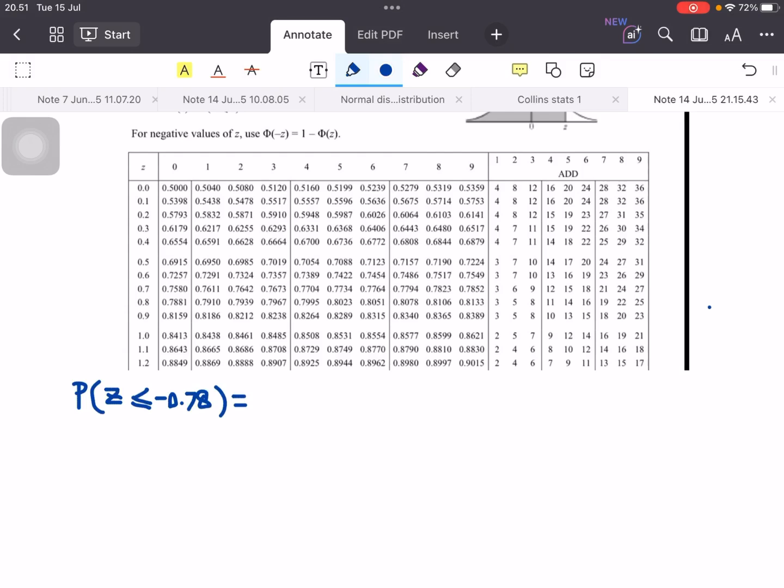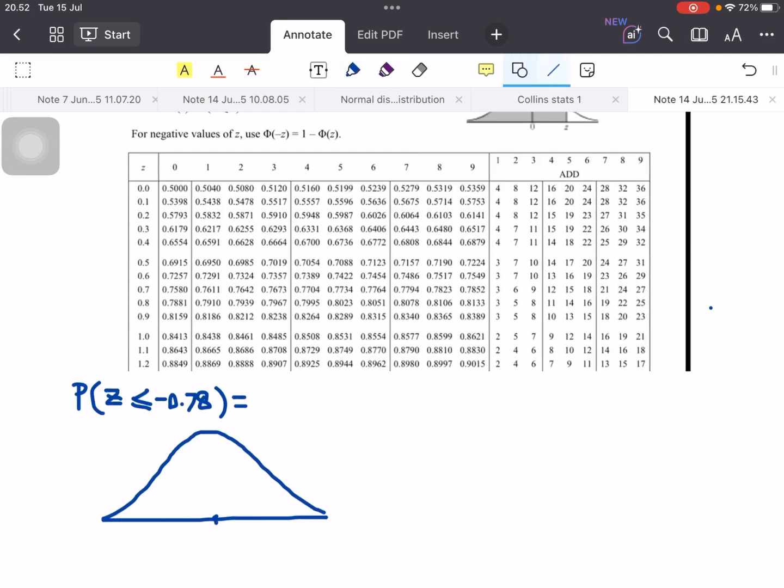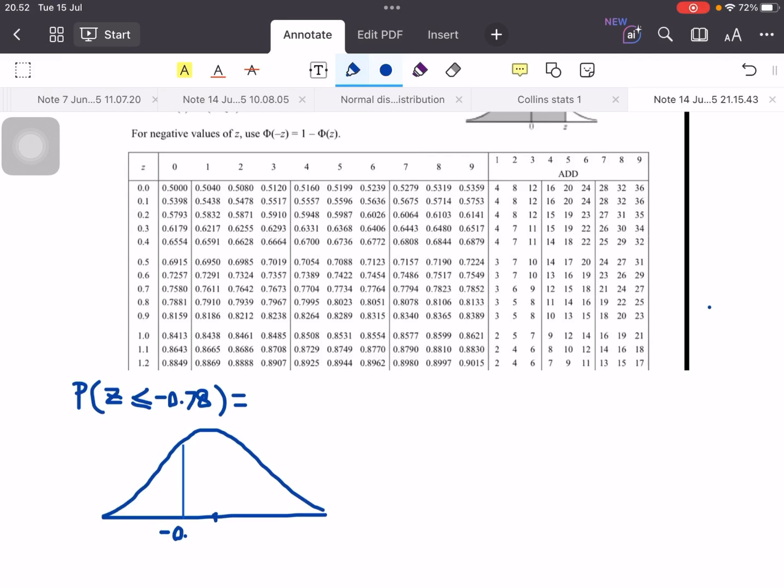So we need to draw the diagram first. Since 0 is in the middle, same as a number line, the position of the negative number is about here, negative 0.78. Since the sign is less than, this is the wanted region that we need to find.